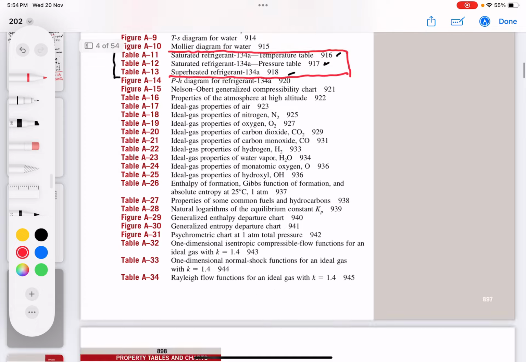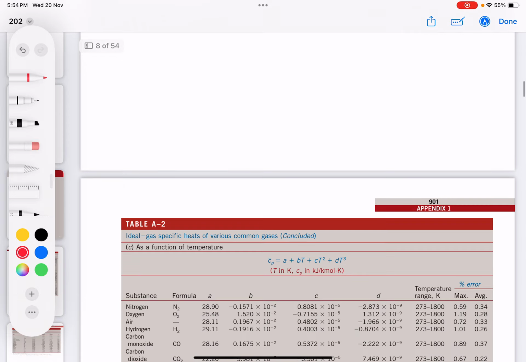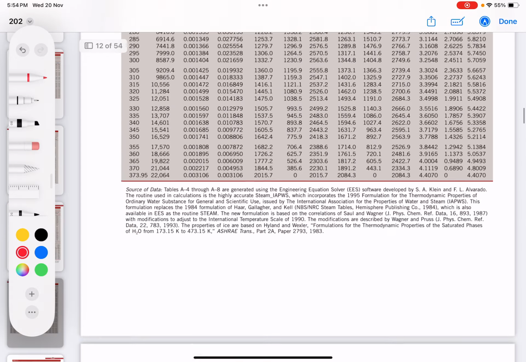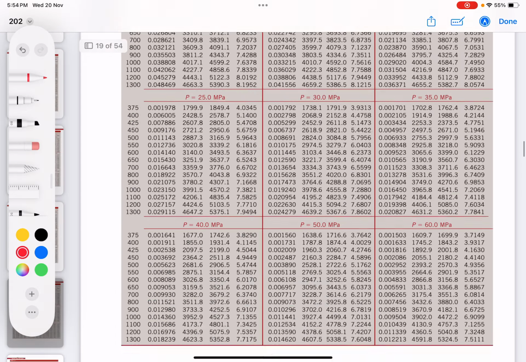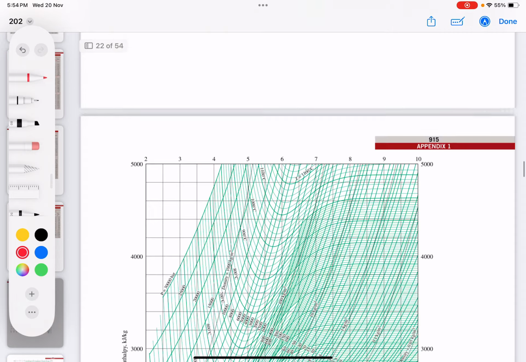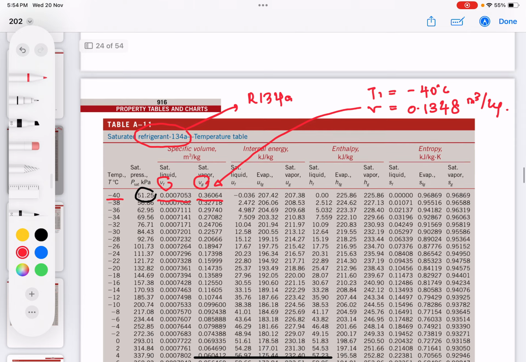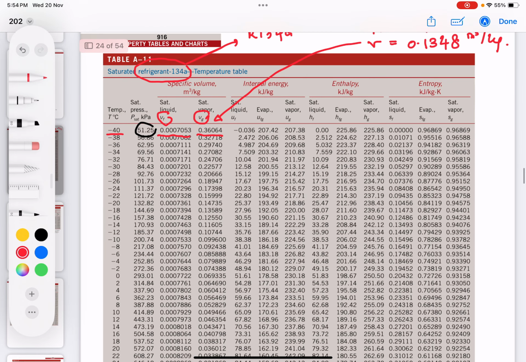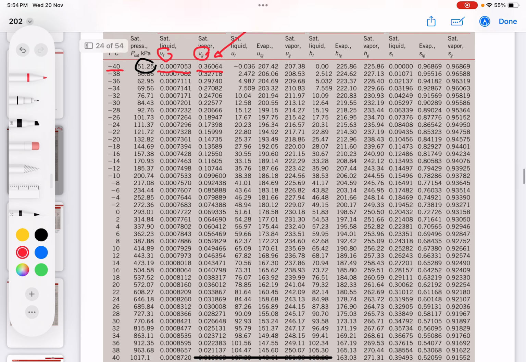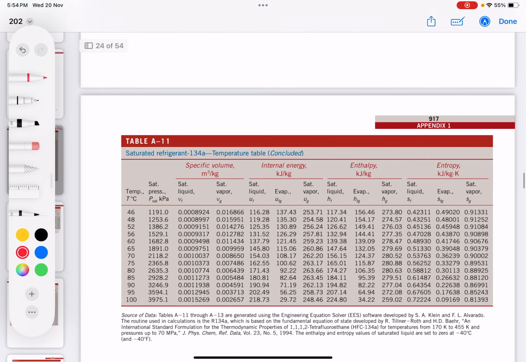So now I'm going to move into the steam table, which is table A11, A12, or A13. If you notice, table A11 here is a temperature table, meaning that the temperature varies. But in this case, I only have pressure.